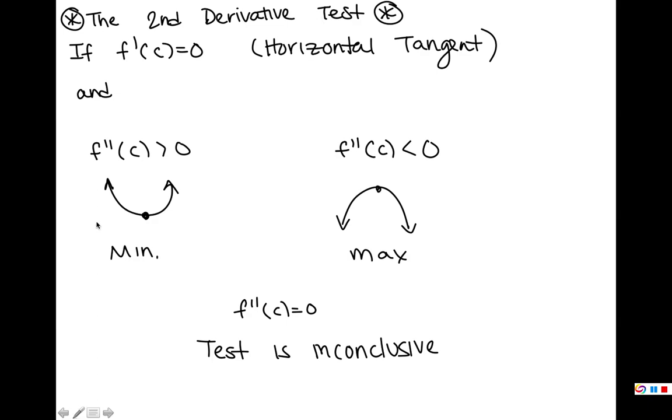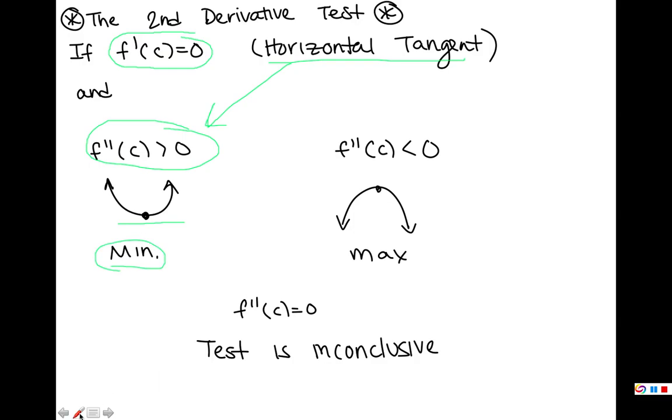But the second derivative test basically says, if you find a critical number by setting the first derivative equal to 0, all right, so if you find a place where there is a horizontal tangent line, or a place where the first derivative equals 0, and you take that critical number c and you plug it into the second derivative, if the second derivative is positive at your horizontal tangent line, then the function is concave up, and therefore it has to be a minimum.